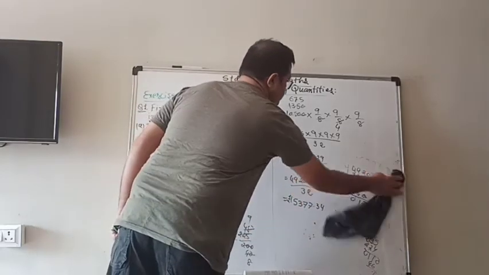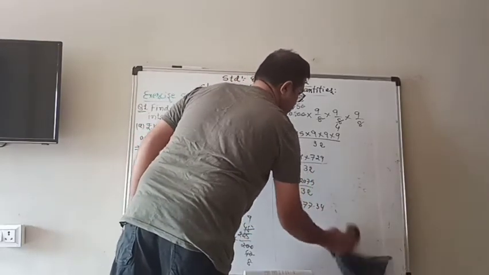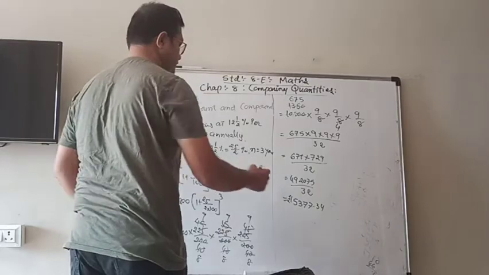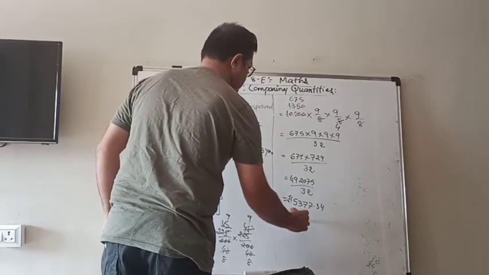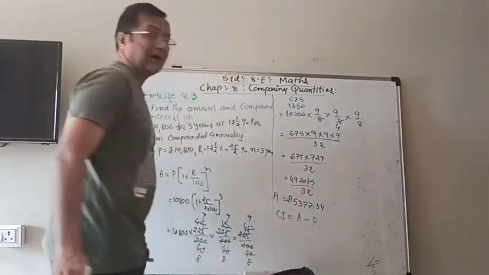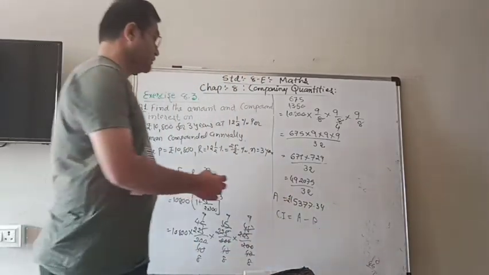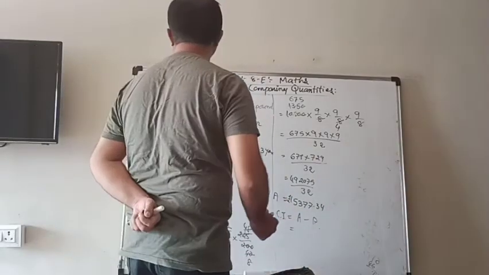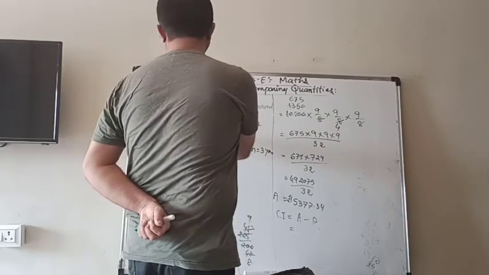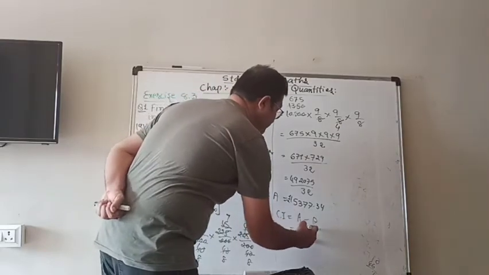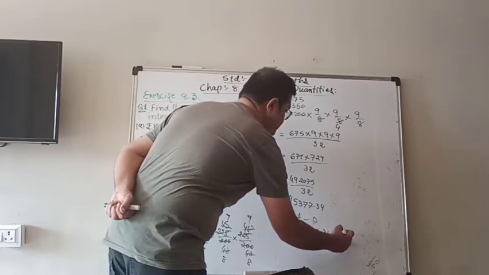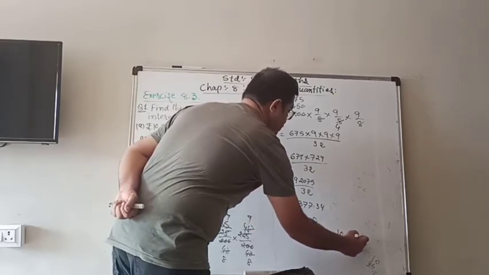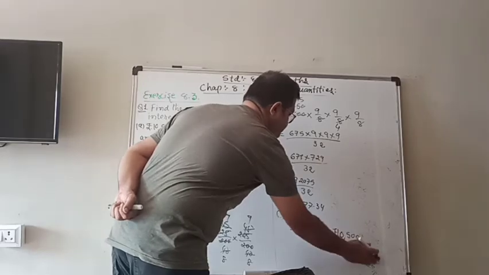Now we have to find the CI also, compound interest. So compound interest is equal to A minus P. That is, what is our amount? 15377.34 minus 10,800.